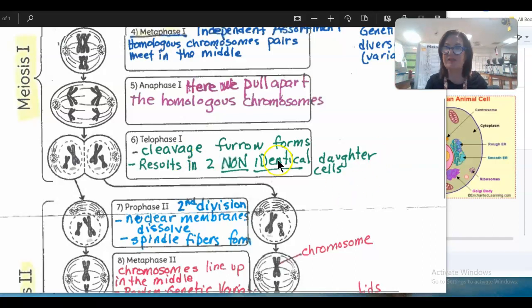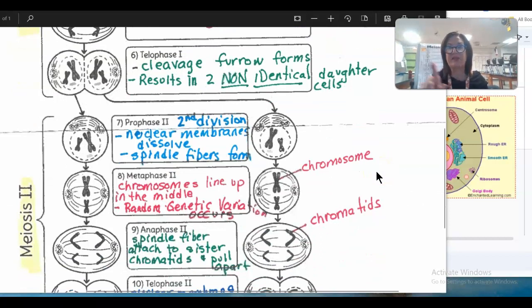So after telophase 1, we went through cytokinesis, and now I have these 2 cells. And again, we're going to do PMAT again, or prophase, metaphase, anaphase, telophase, and then cytokinesis. So we're doing this all over again.